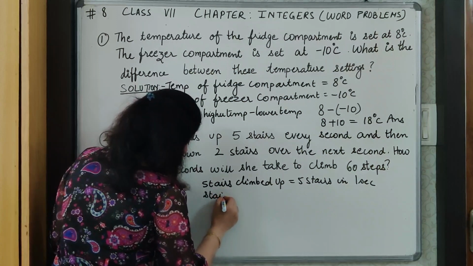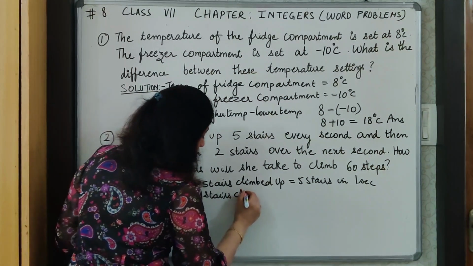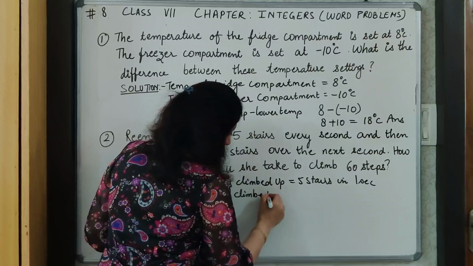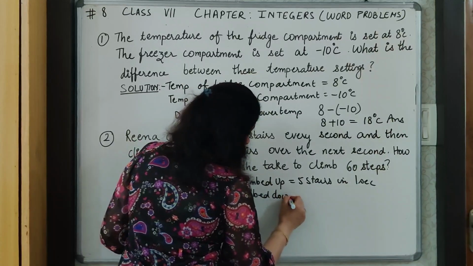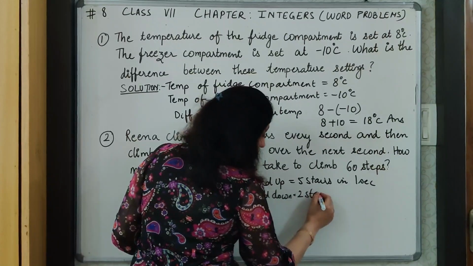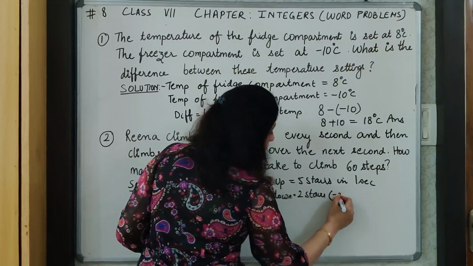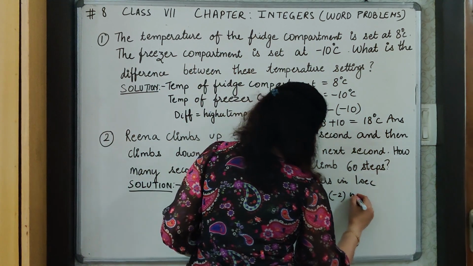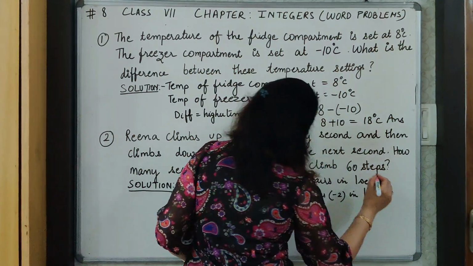Stairs climbed down is equal to 2 stairs, that will be taken as minus 2 in 1 second.